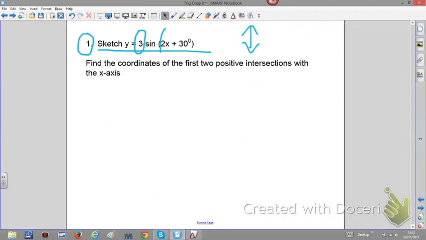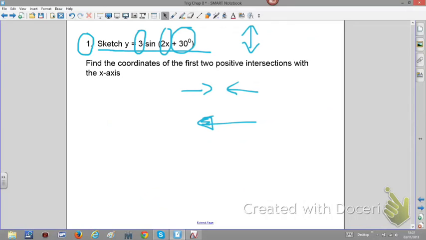The 2x would have the effect of squashing it in by a factor of 2, and the plus 30 has the effect of shifting it 30 degrees to the left. So have a go at sketching that curve.